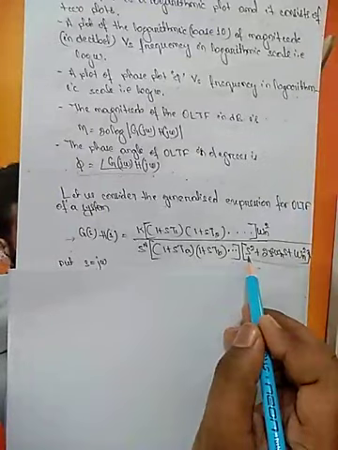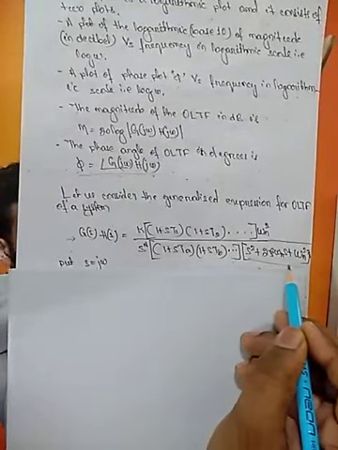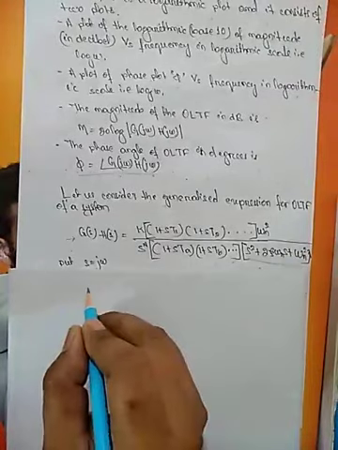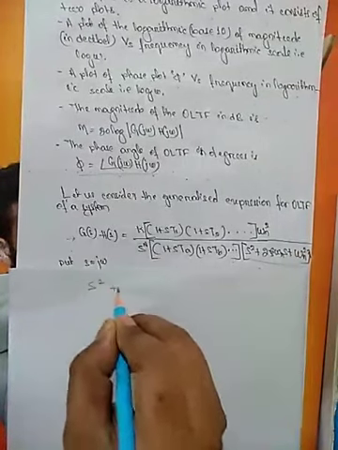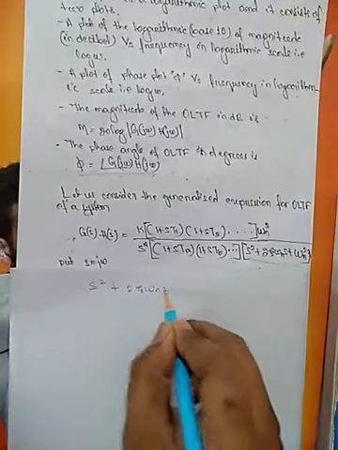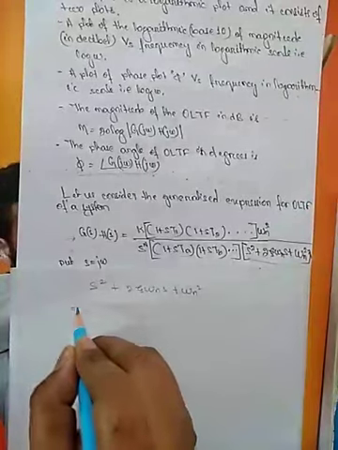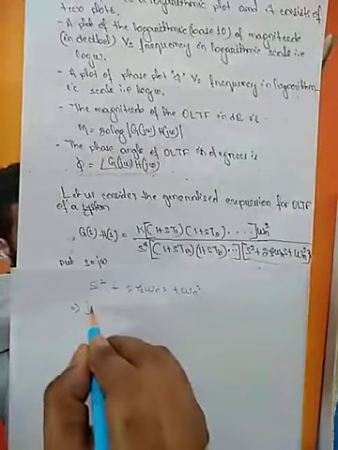Here I rearrange this term, this pair of complex conjugate poles, s square plus 2 zeta omega n s plus omega n square. Here in place of s I put j omega.